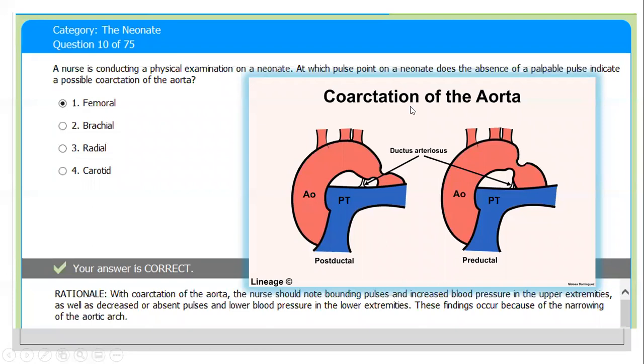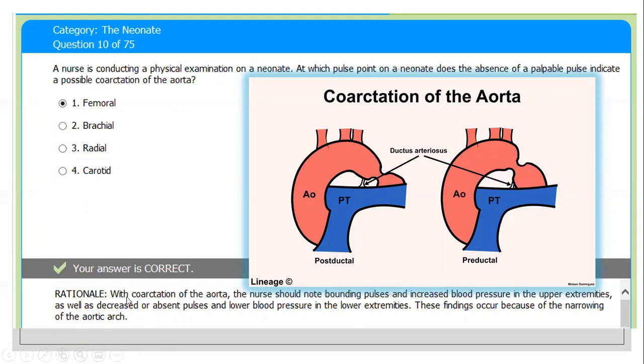It is called coarctation of the aorta, a congenital narrowing of the aorta. The aorta is a major blood vessel which carries blood from the heart to the rest of the body. And when there is a defect like this, congenitally, we call it coarctation of the aorta, also known as narrowing of the aorta.